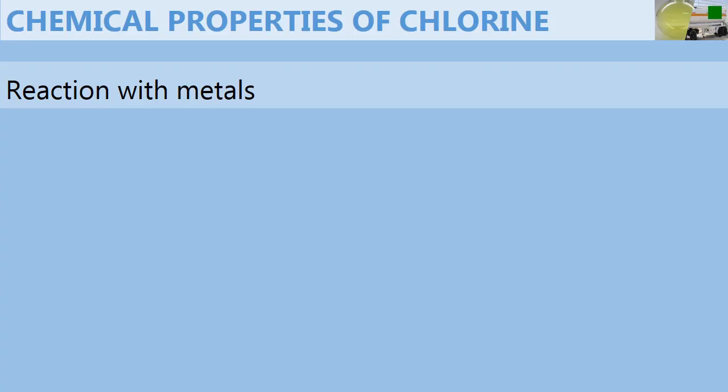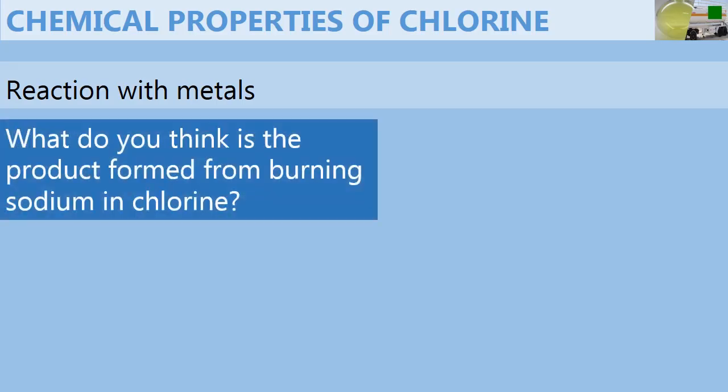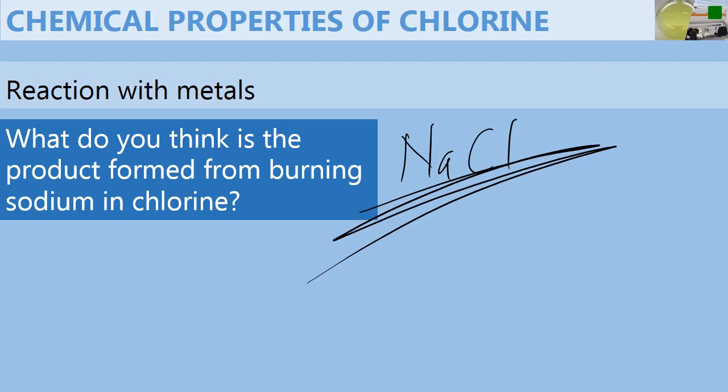Now we have the reaction of chlorine with metals. We have already covered these in previous topics, and you know very well that chlorine reacts with metals to form, yes, metal chlorides. So what do you think is the product formed when burning sodium in chlorine gas? If you said sodium chloride, you are right.